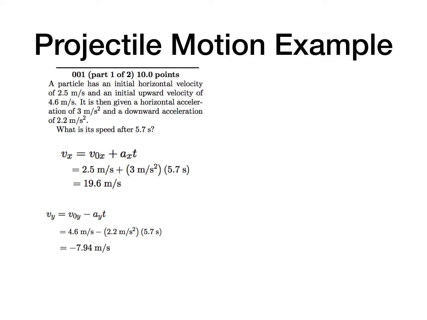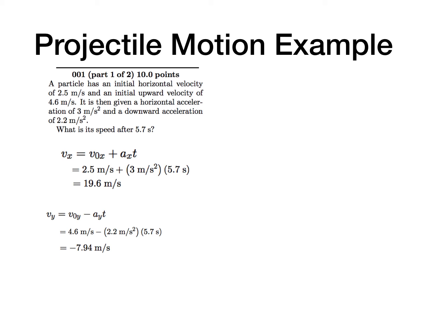Our result is negative 7.94 meters per second, which is the final velocity in the y direction. I do want to point out that this velocity is negative because we have a downward acceleration. If we were going in the upward direction, our velocity would be positive.